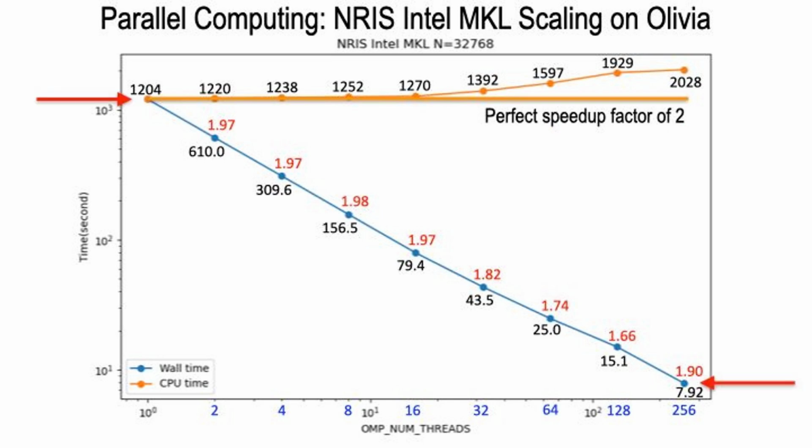The scaling analysis reveals that a computation requiring 1,204 seconds on a single core is reduced to 7.92 seconds on 256 cores, achieving a speedup of about 152, which falls short of the perfect speedup of 256.